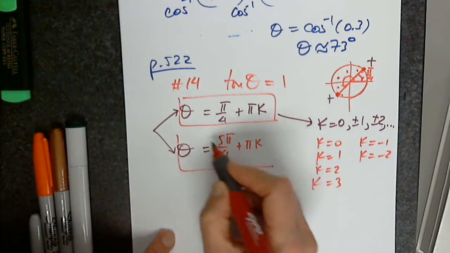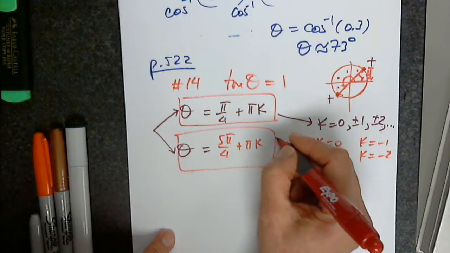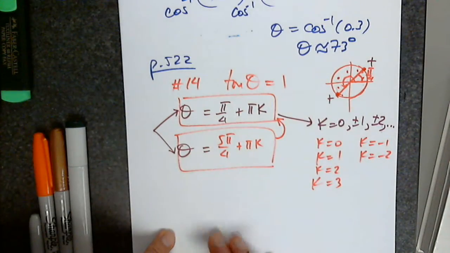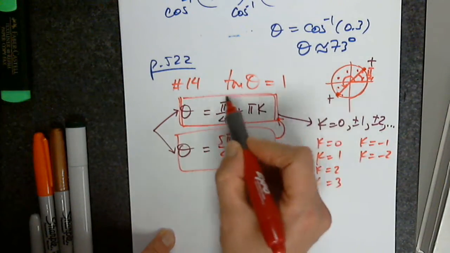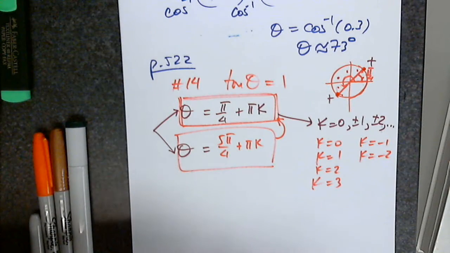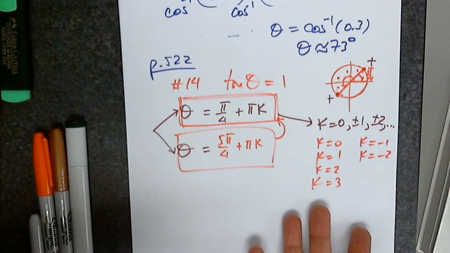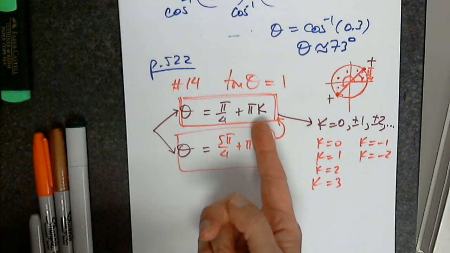That is the second option. However, this option is included in this. So if you only present this solution, you have both in mind. And we saw how this happens with choosing any k.